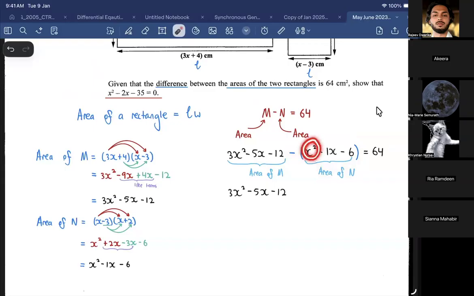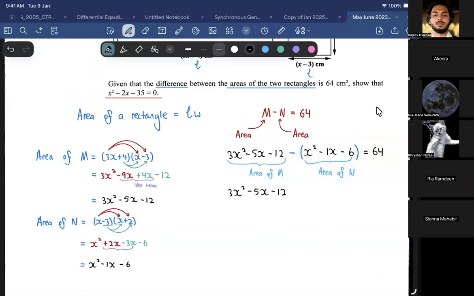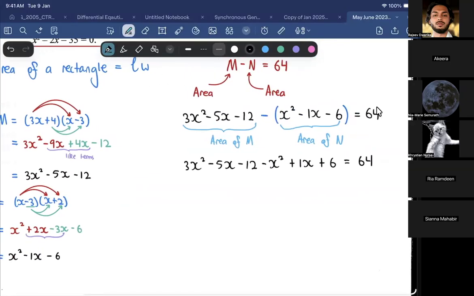This x squared turns into negative x squared. Positive 1x, because negative times negative is positive. And positive 6. And that whole thing will be equal to 64.